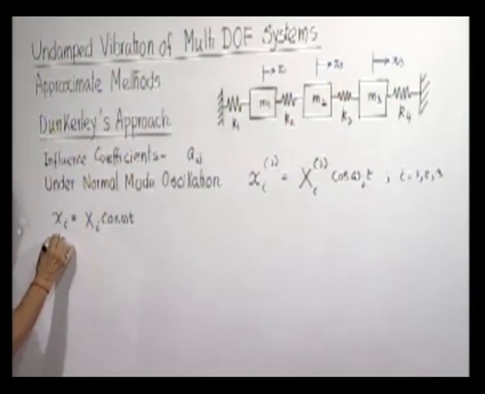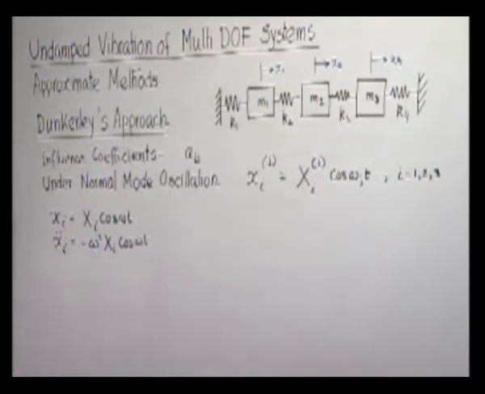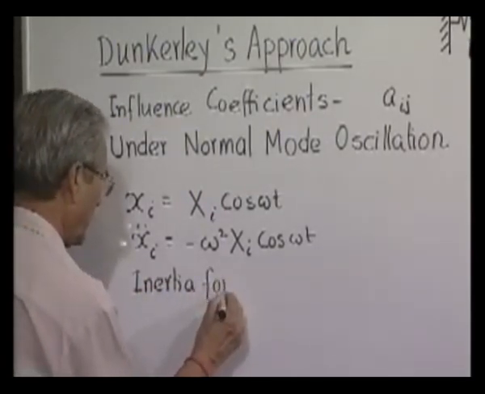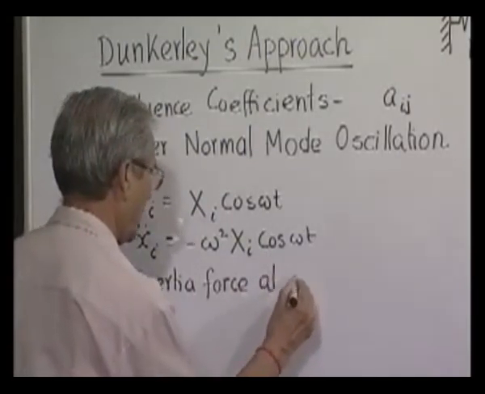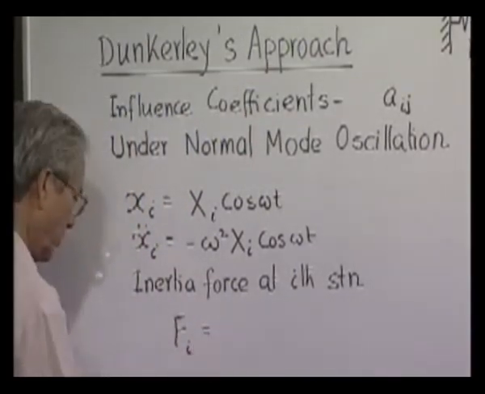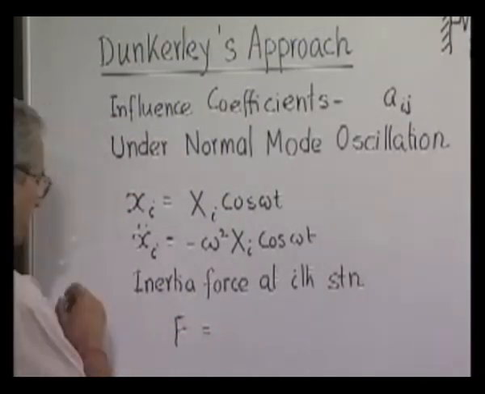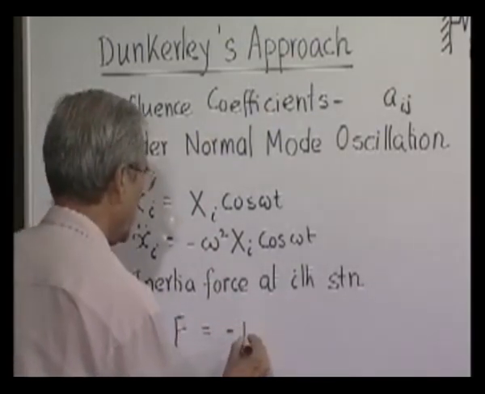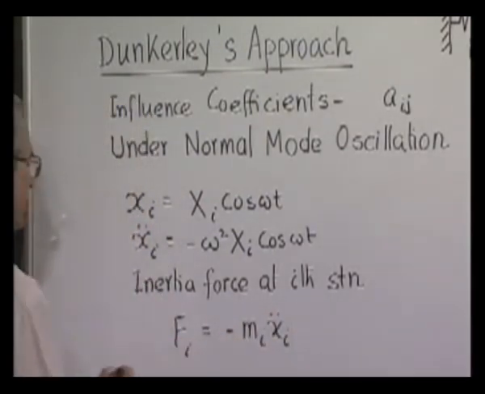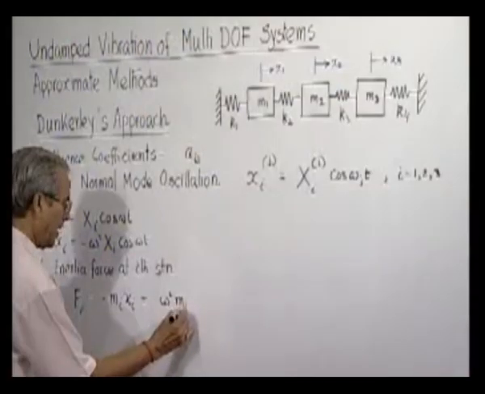So, xi double dot will be minus omega square Xi cosine omega t, and the inertia force at each station Fi, we should not mix it up with inertia, so we may call it F, will be minus mi xi double dot at the station i, which will then be nothing but omega square mi Xi cosine omega t.